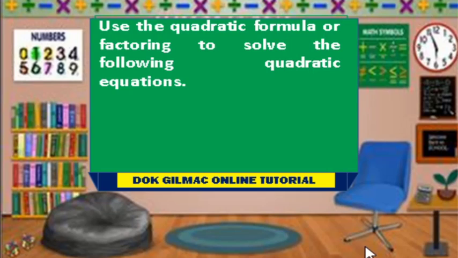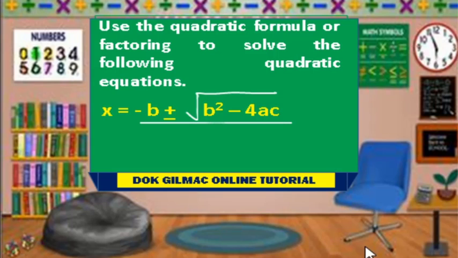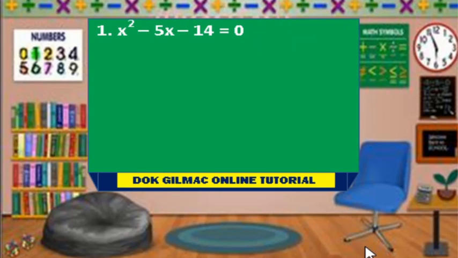Use the quadratic formula or factoring to solve the following quadratic equations. Consider the quadratic formula x is equal to negative b plus and minus the square root of b squared minus 4ac all over 2a.